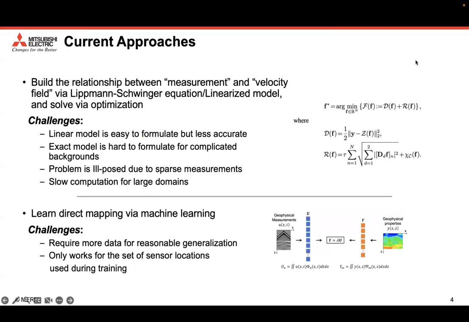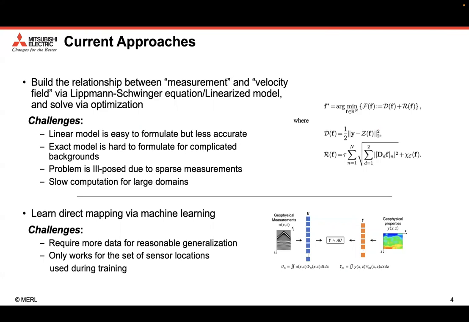The current approaches use physics-based constraints, such as the Lippmann-Schwinger equation, which solves the integral form of the Helmholtz equations that describe the wave propagation inside a material. The limitation of such approaches is that, first of all, we need to know exactly the background, and we need to formulate the Green's function corresponding to that background, which in itself is a difficult problem.